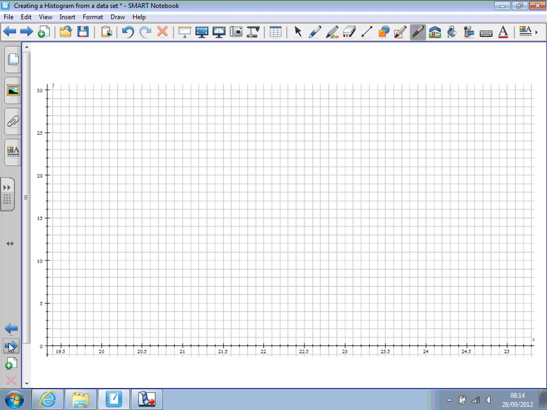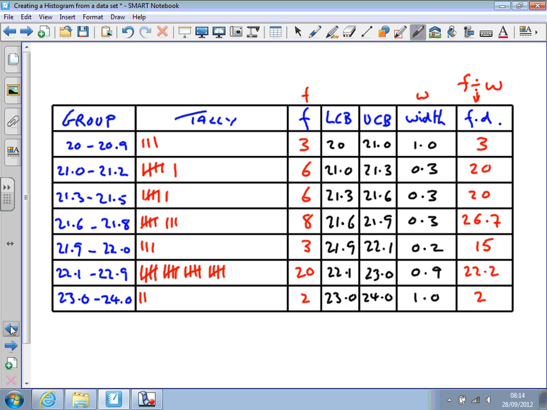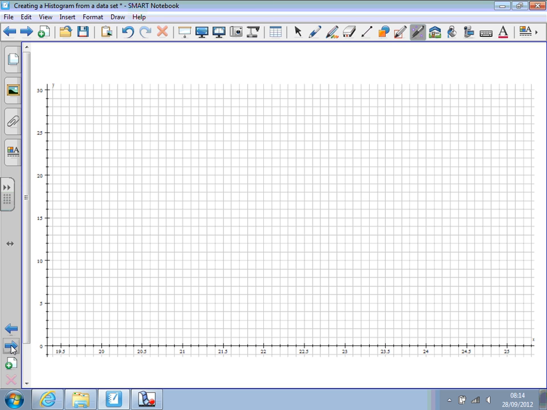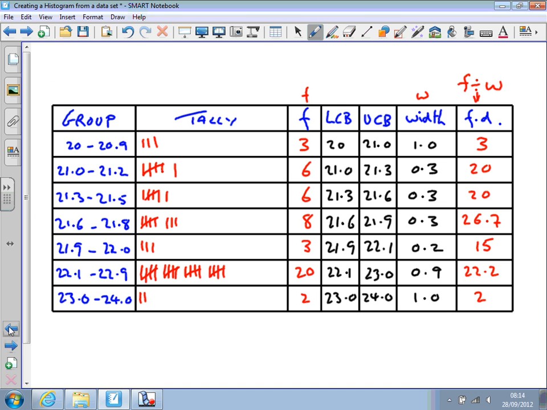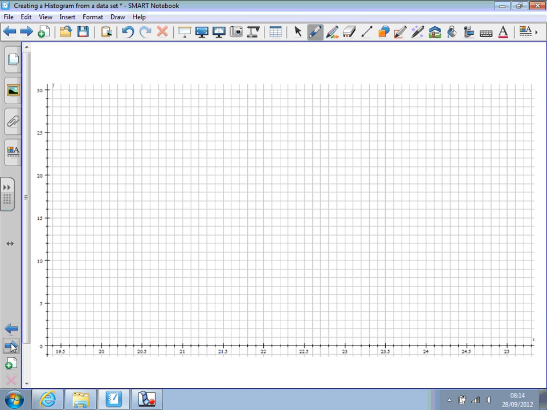So now, if we look at the first bar, it starts at lower class boundary of 20 and goes up to 21. So to put this on our chart, I'm going to start at 20 and go up to 21. So starting at 20, which is here, so that's that point, and going up to 21. So my bar is going to start at 20 and finish at 21. And what's the height of the group?